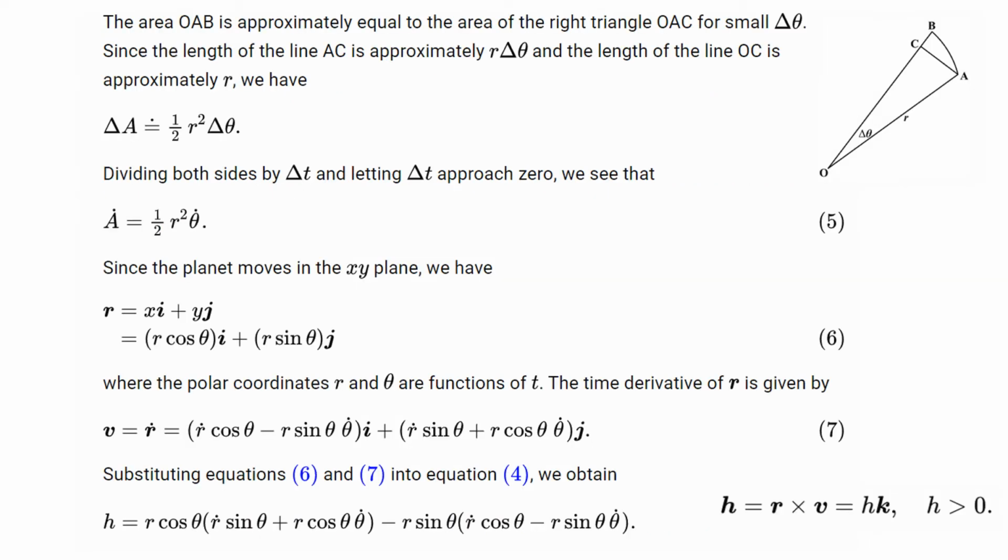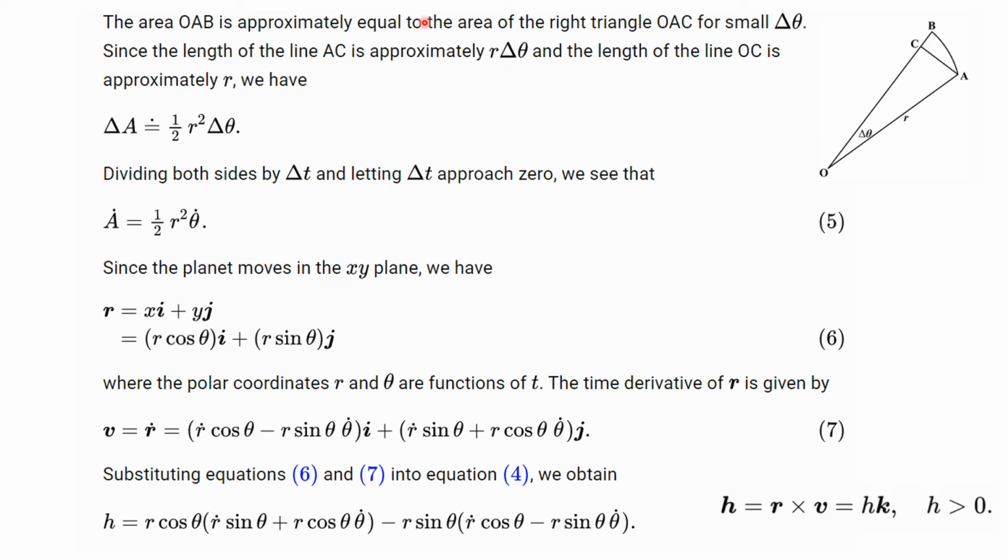And so what we're going to do is use that approximation and take limits. Since the area OAB, and I'm showing you it again over here, is approximately equal to the area of the triangle OAC for small theta, and since the length of line AC, look at the drawing, is approximately r times delta theta, that's the area of a circular sector, and the length of the line OC is approximately r, we can say that the change in area is approximately 1/2 the base times the height.